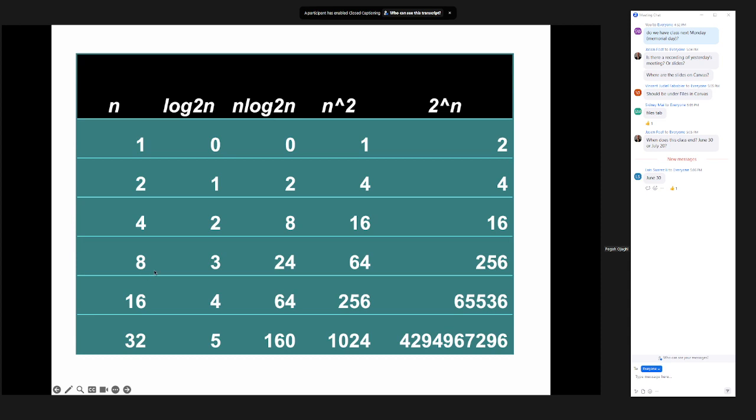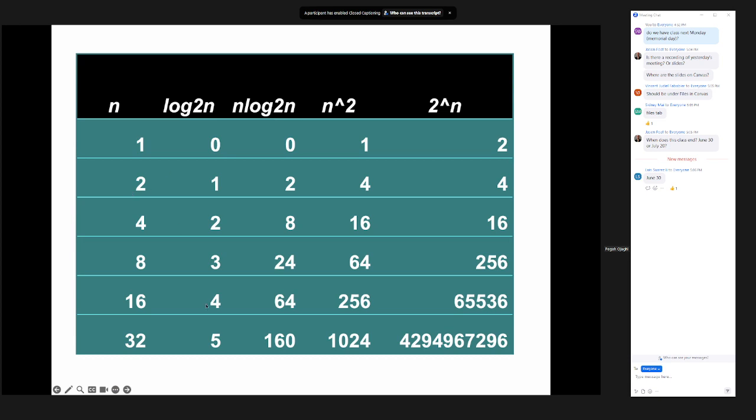But let's see, if I have 8 numbers that I want to sort, the first algorithm takes 3 seconds, the second 24, the third 64, and look at the last one, 256 seconds. You can see just changing from 1 to 8, you can see how much it changed. It really changed exponentially.